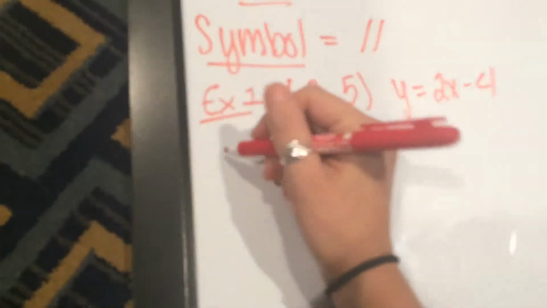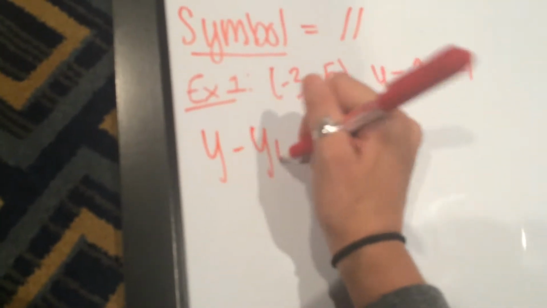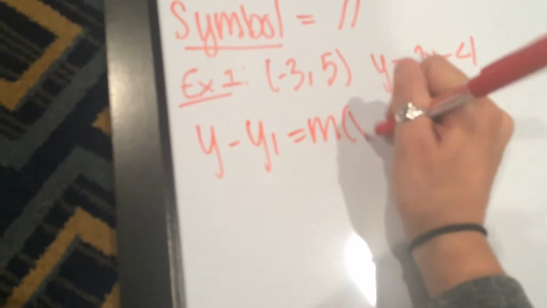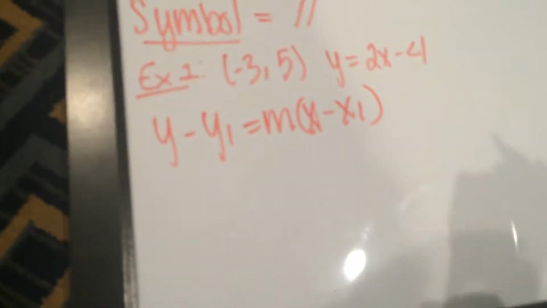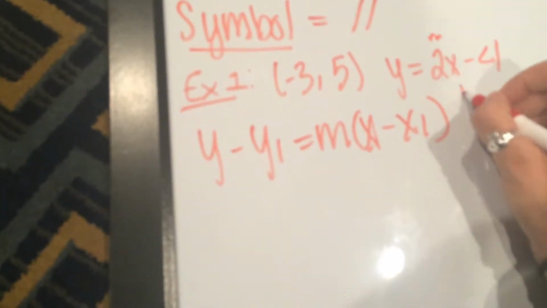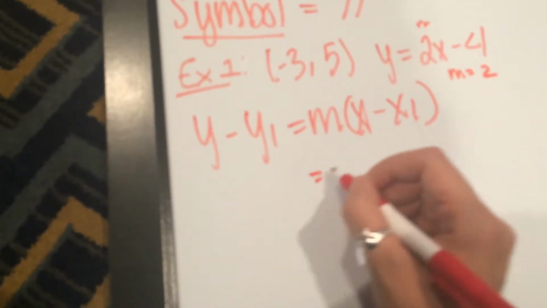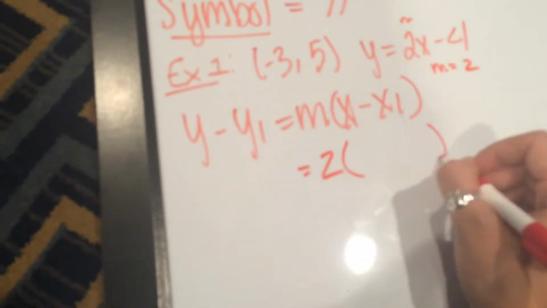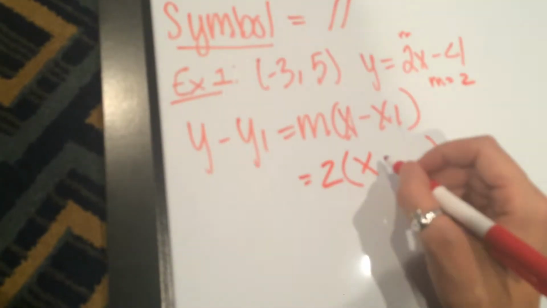Now you guys learned two different ways to write an equation of a line. My favorite is y - y1 = m(x - x1). So, what is my slope of this line? Remember, this is your m. Your m is equal to 2. What is your x value that we're using here?